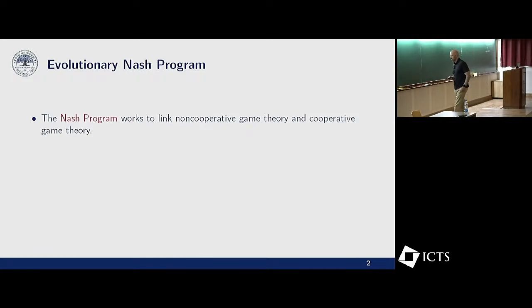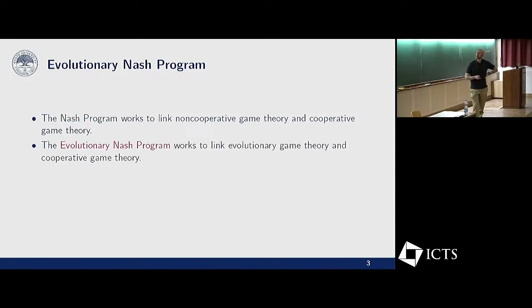I'm going to allow you to figure out roughly what cooperative game theory is by giving you the three extended examples / papers later on. Essentially, it connects those things. The evolutionary Nash program just replaces non-cooperative game theory with evolutionary game theory.